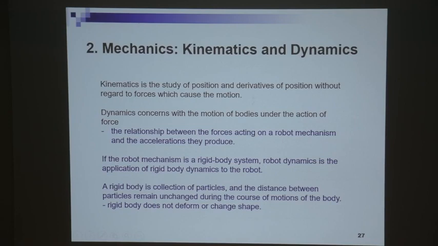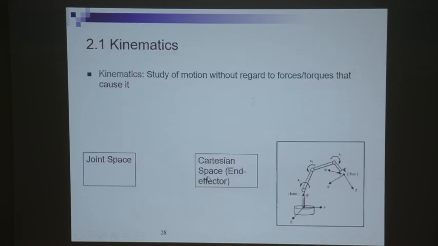Meaning that the rigid body will not be deformed or change shape. This is the typical robot manipulator that you can see. They are made of metal, and they are very strong. So this is the dynamics that we are looking at.